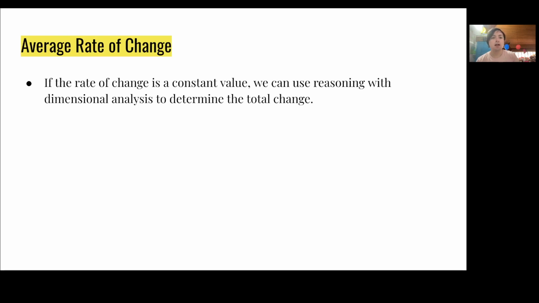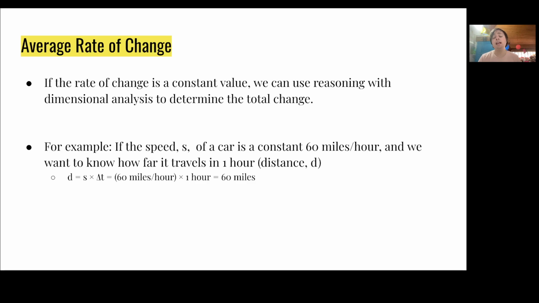So, if we have a constant rate of change, then we can use reasoning with some dimensional analysis in order to determine what the total change would be over a given amount of time. So for example, if we had the speed s of a car traveling at a constant 60 miles per hour, and we want to know how far it travels in 1 hour, and we say distance, we can call that d, the speed, we can call it s, and our change in time is just delta t, then we would know that d would just be our speed, s, times delta t, so 60 miles per hour times 1 hour.